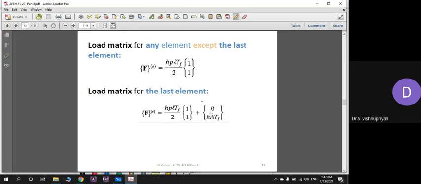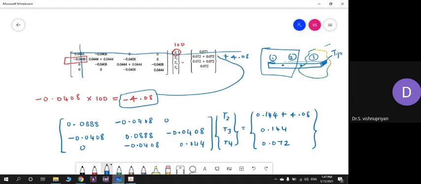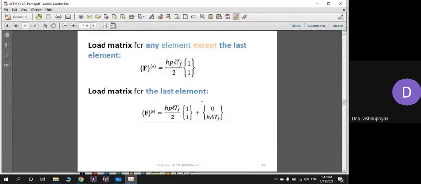Here we have 0, HAT_f because for the last element, if I draw it, now these are elements 1, 2, 3 and nodes 1, 2, 3, 4. If you take only the last element, node 3 is not concerned when it comes to tip loss. The tip is only at node 4. So node 4's position will be filled by HAT_f.